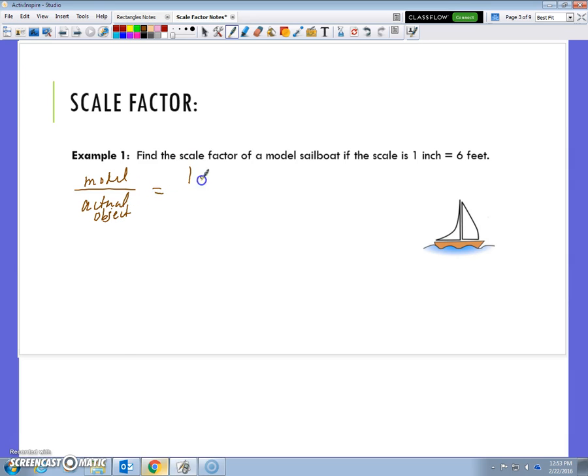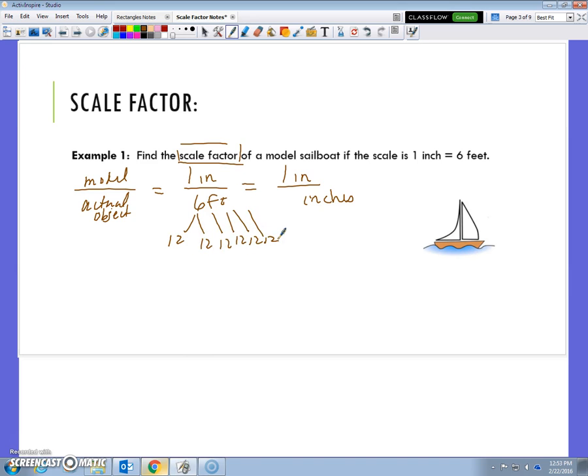In this case, every 1 inch on the model represents 6 feet on the object. But unfortunately a scale factor must have the same units, and right now I have inches comparing to feet. So really what I want is 1 inch compared to how many inches is 6 feet. Well, I know that for each foot there's 12 inches.